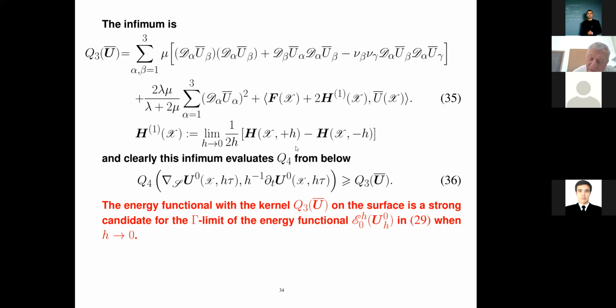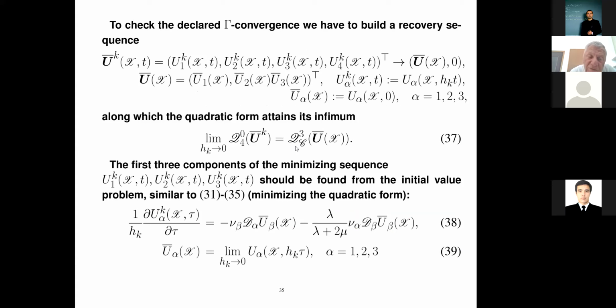To prove that the limit we have found is the gamma limit, this is also done. The recovery sequence is constructed explicitly and proved that it gives our limit.